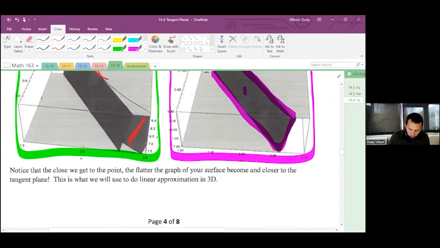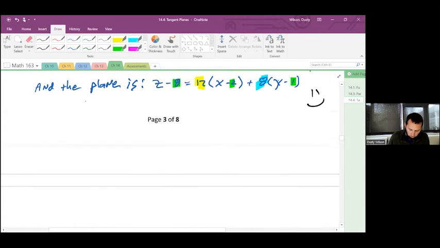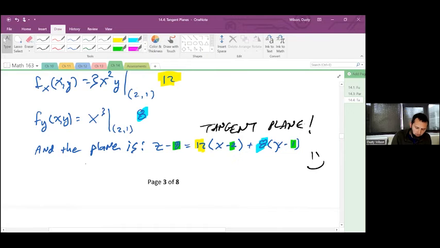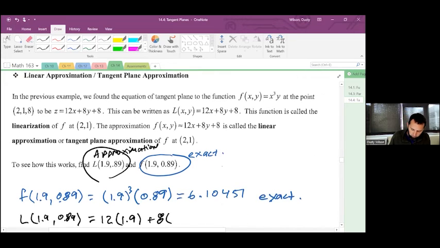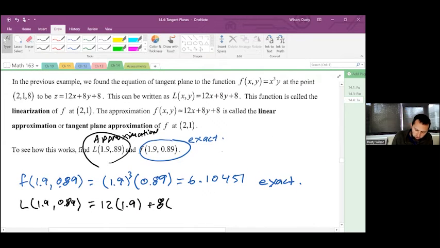We go back to that question earlier. I think I've got a typo in my notes. This should be 12 times x minus 2, 8 times y minus 1. So let's go back and make that edit. So this here should be 12 times x minus 2 plus 8 times y minus 1 plus 8. And that would be our L.